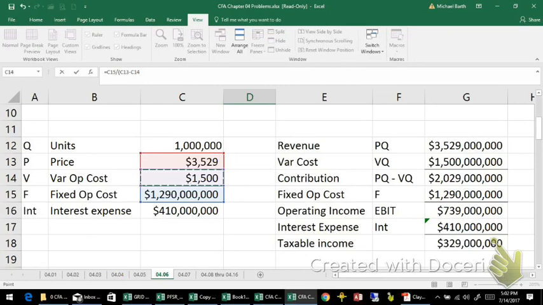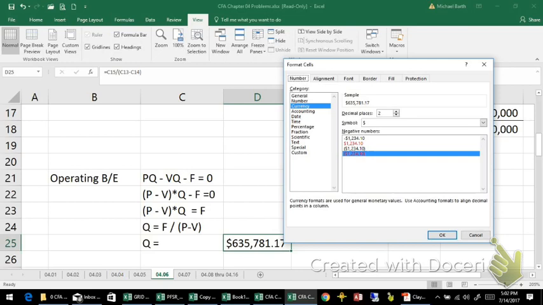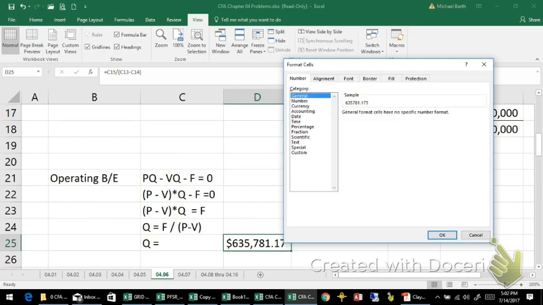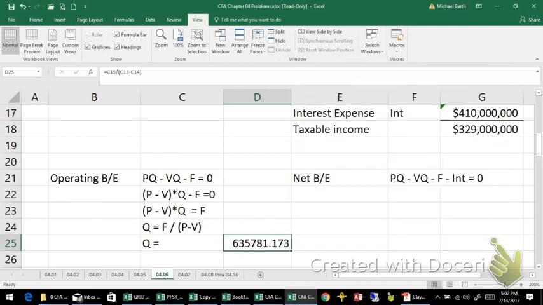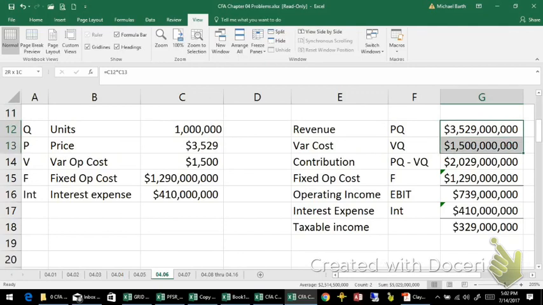So if each unit covers the $1,500 variable cost and then contributes $2,029 towards the fixed, then I can easily solve for how many units it would require, and that's in units, not in dollars. That'd be the number of units I'd have to sell in order to break even. And I can plug that in up here and check my answer.